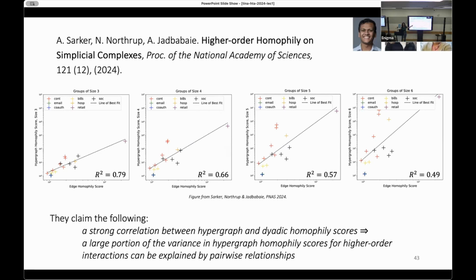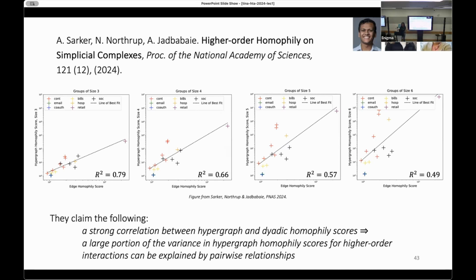And they're like, it shouldn't be like that, right? They were like, why is it that I have this high correlation? Because remember, I showed you, for example, with node clustering, there was no correlation between the graph representation and the hypergraph representation. And they're saying, well, what's going on?